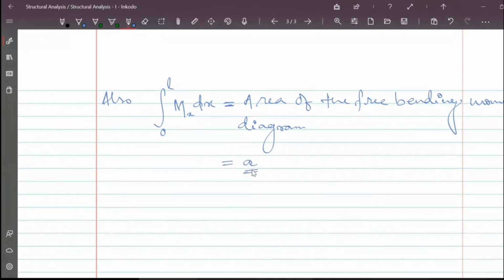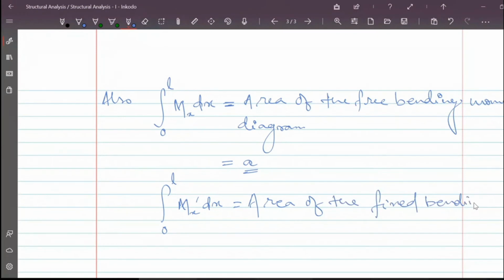And this integration 0 to L Mx dash dx is the area of the fixed bending moment diagram, and let us represent it as A dash.